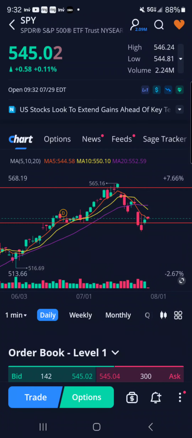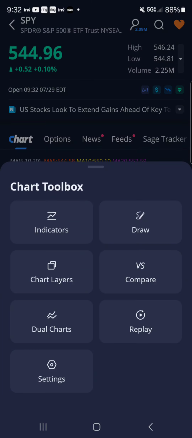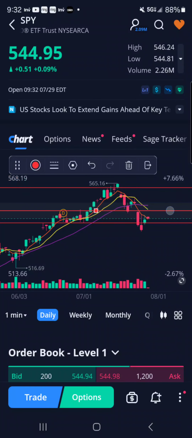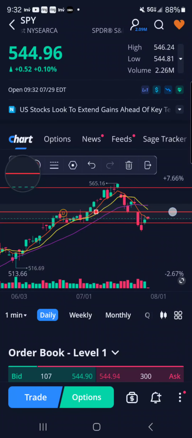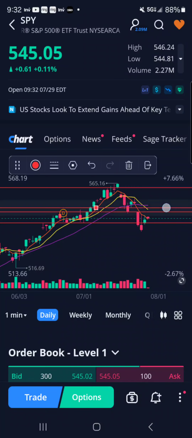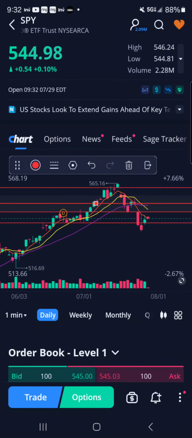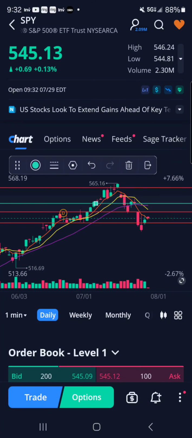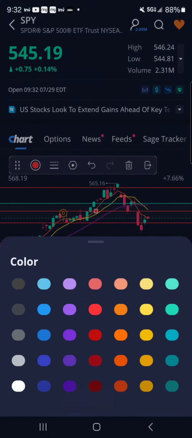We also can identify a gap right here. Let's add the gap right here. There's a gap right here. Okay, let's put this in a different color so we know this is a buy zone for the gap fill.